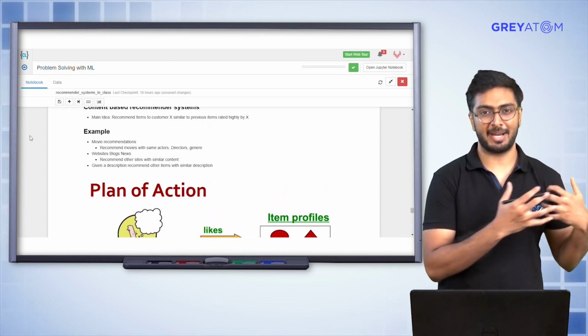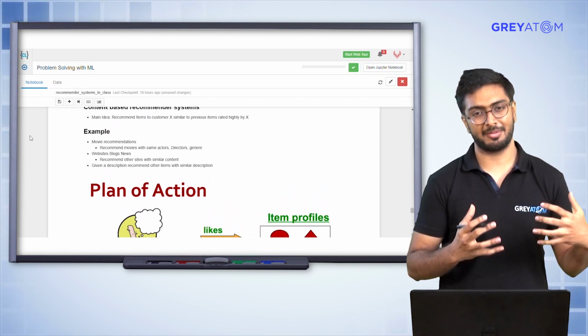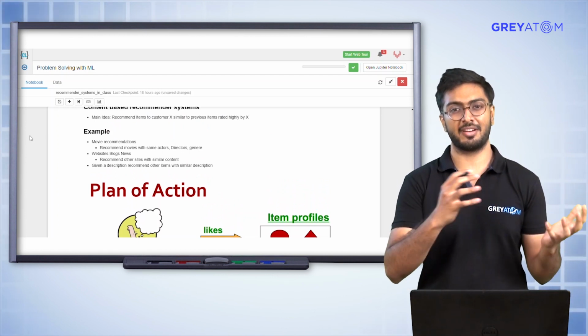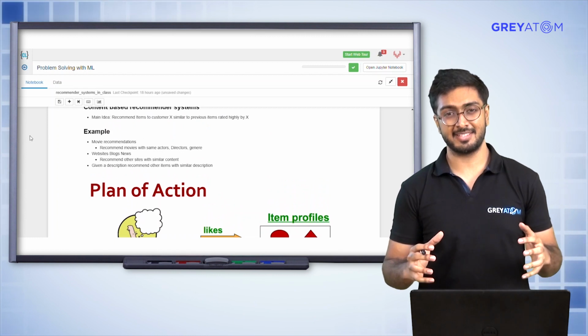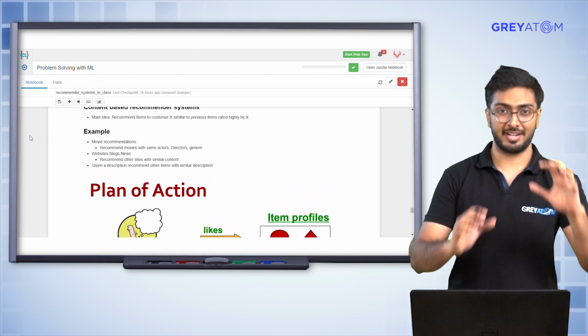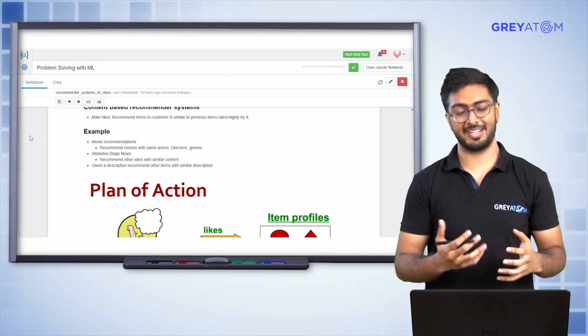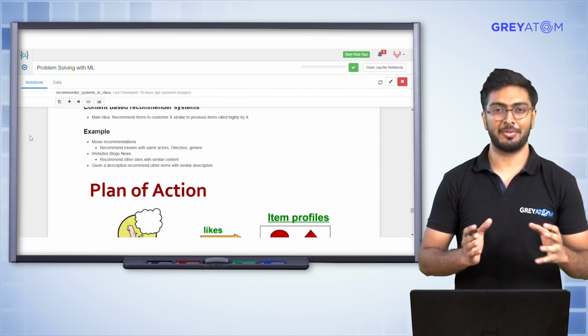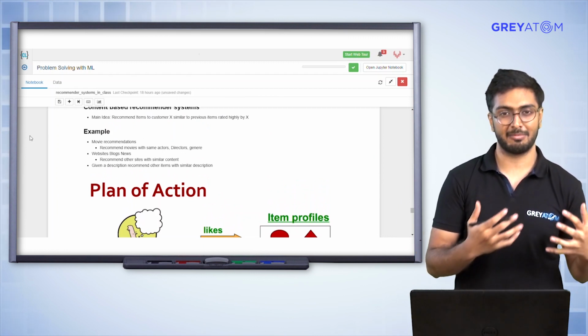The only difference from item based collaborative filtering is that in item based collaborative filtering, we were getting to the item similarity index matrix based on ratings of different users. If you remember, we had users, items, and then based on the ratings we came to the item similarity matrix. Now instead of doing that, we are going to use information about the item itself.